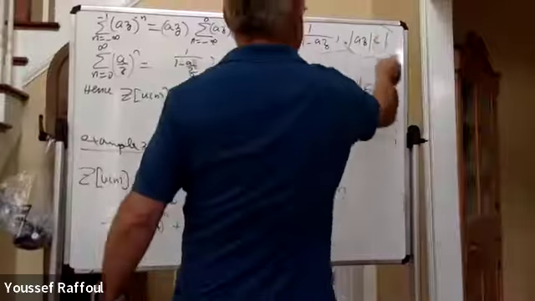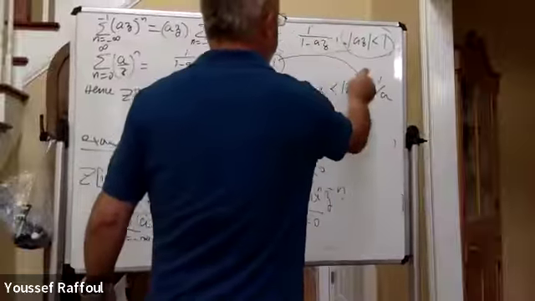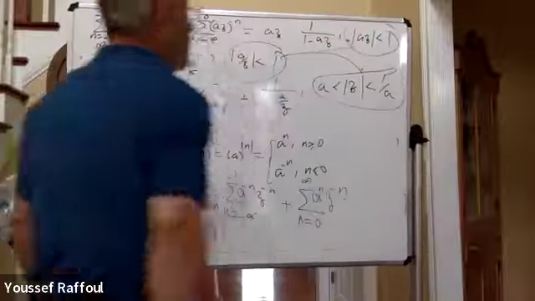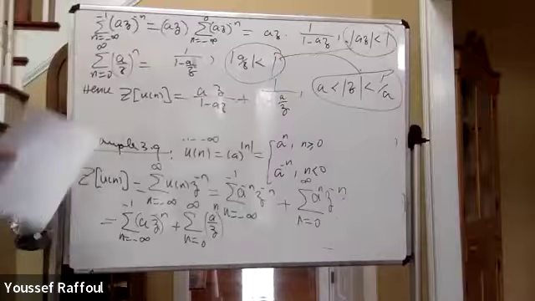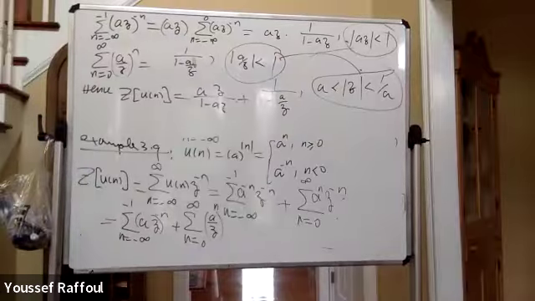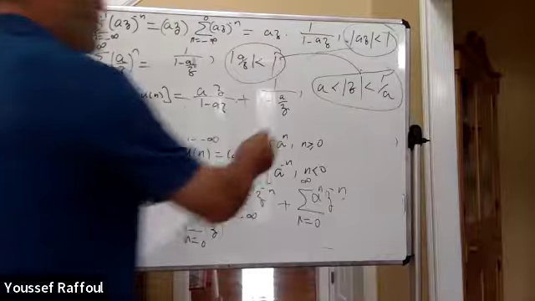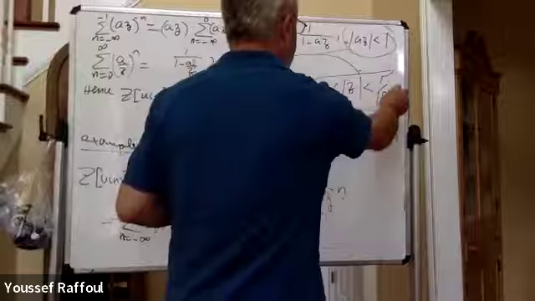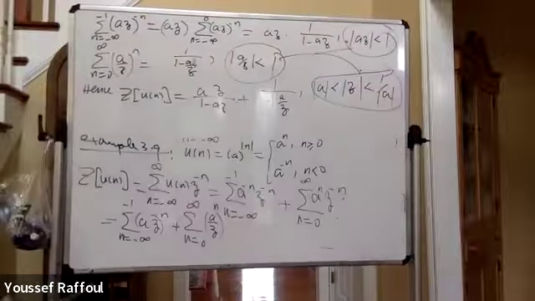This comes from here: this one and this one give you this one. Okay? So that is the Z transform of u_n. This is called the double-sided Z transform.